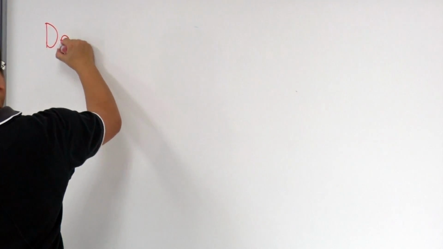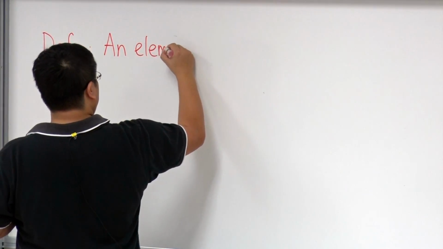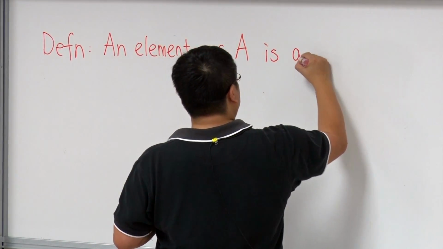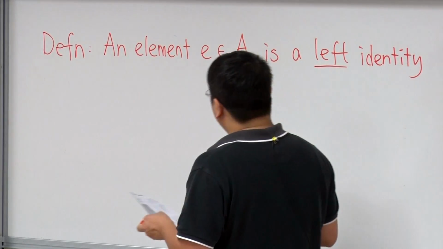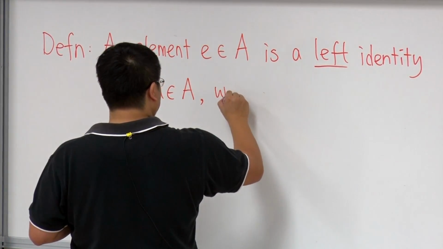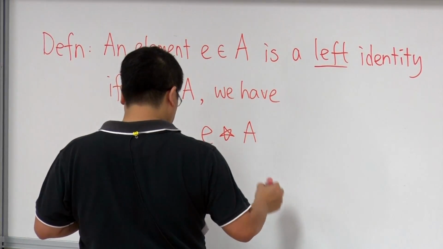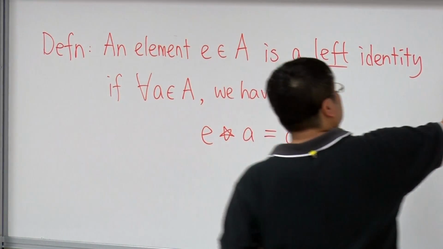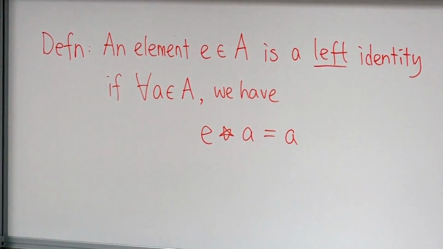Definition: an element E in the set A is a left identity if for every element A in A we have E star A equal to A. Here we assume we are looking at the algebraic system A star.